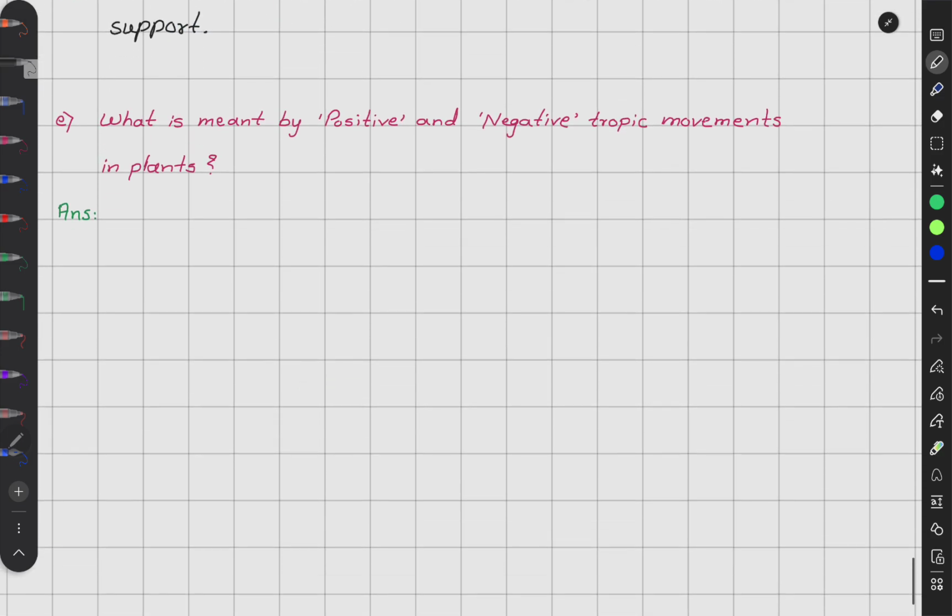Question E: what is meant by positive and negative tropic movements in plants?